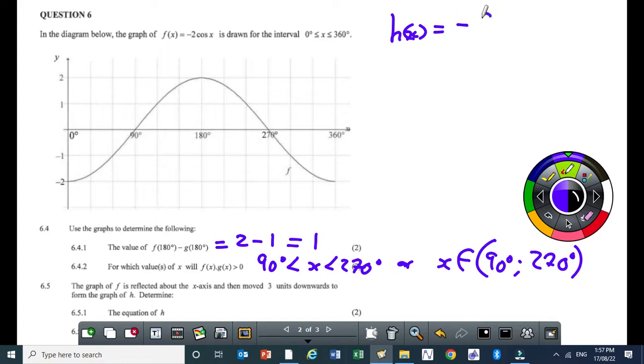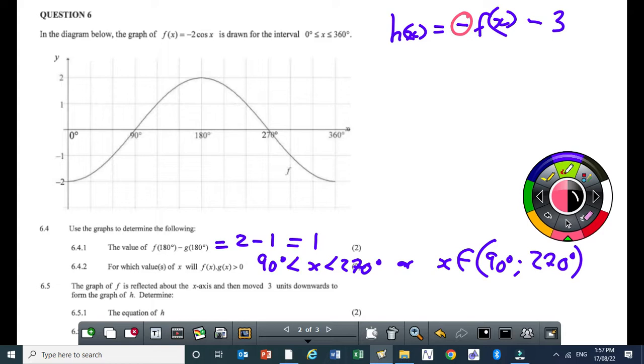It will be minus f of x plus, in this case, it will move 3 units down. So h of x is minus f of x minus 3. That's the rule. Remember, I told you that this minus here tells you that you are dealing with reflection about the x-axis. But because the function is going to be moved by 3 units down, we'll put a minus 3 there.